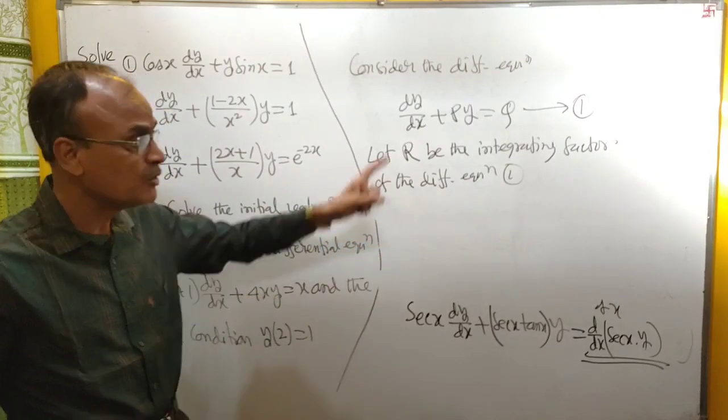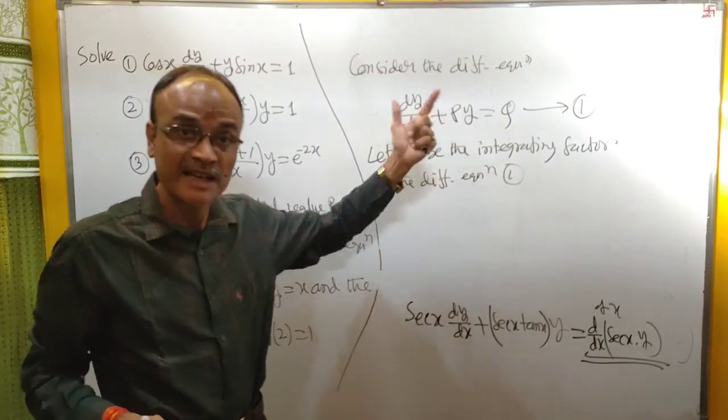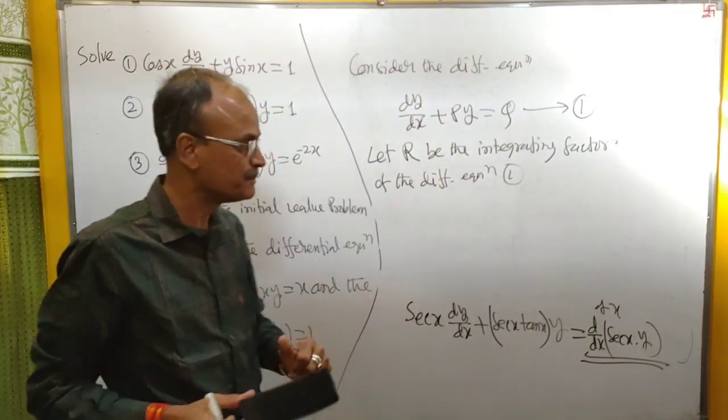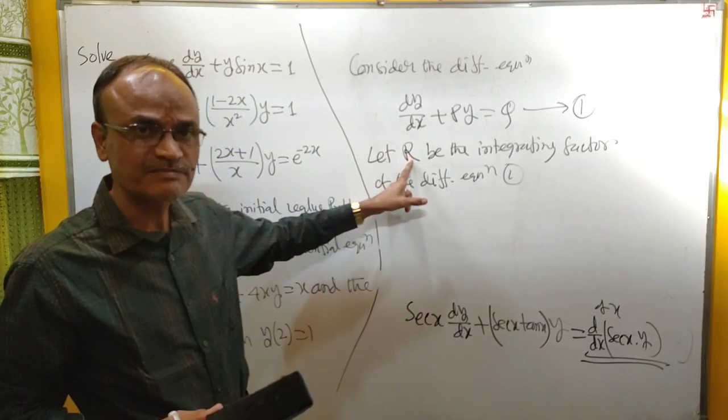This means that if you multiply this by r, the left side becomes a perfect differential. Here r is a function of x.